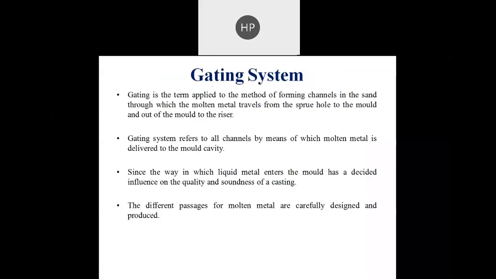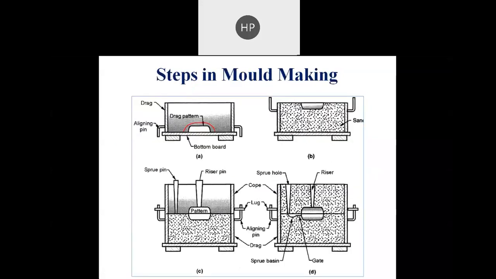Now, the important topic that we are going to study is the gating system. As you know, we have to fill this hollow cavity, because this is our product. This hollow cavity, which is generated over here, is to be filled by the metal. So the requirement is that anyhow we have to take the molten metal up to here.